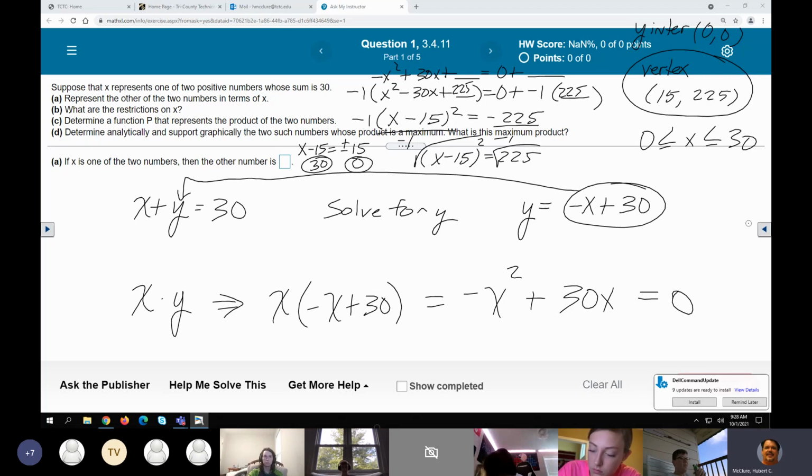So what does this look like? You've got a 15 and 225 is way down here. You've got a y-intercept of 0, 0. And an x-intercept of 30.